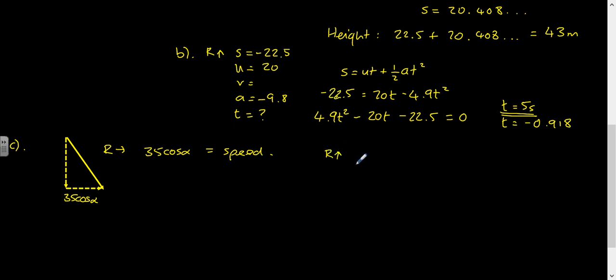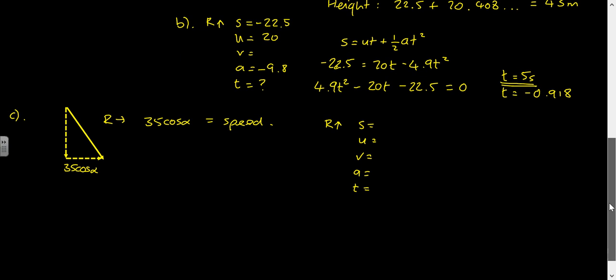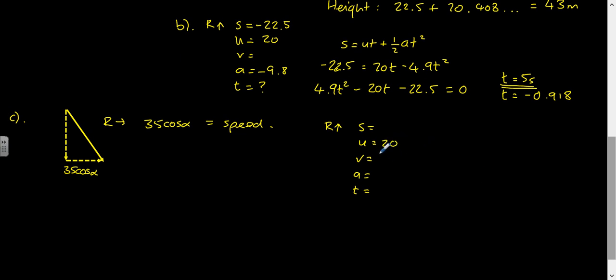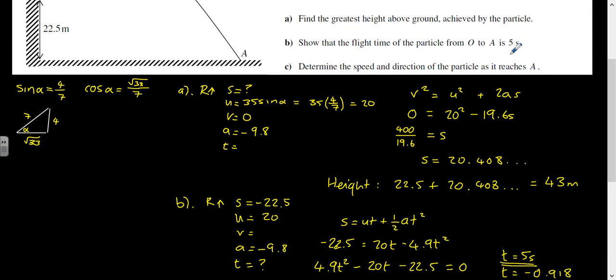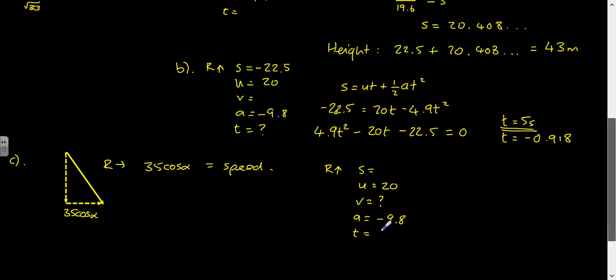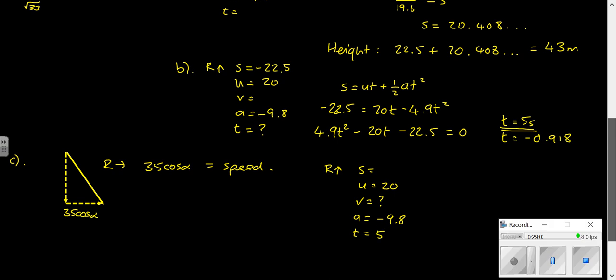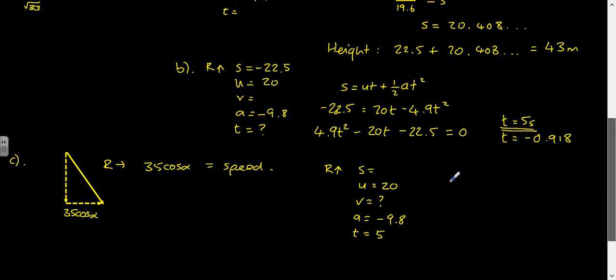Vertically, we're going to need to do another SUVAT. So we've got S, U, V, A, T. You can see how often we're doing the SUVAT calculation. S is not something we're interested in. U is going to be our 35 sine alpha, which was 20. V is what we're trying to calculate. The acceleration is minus 9.8. And the time that we're interested in is 5 seconds. So we're going to use V equals U plus AT.